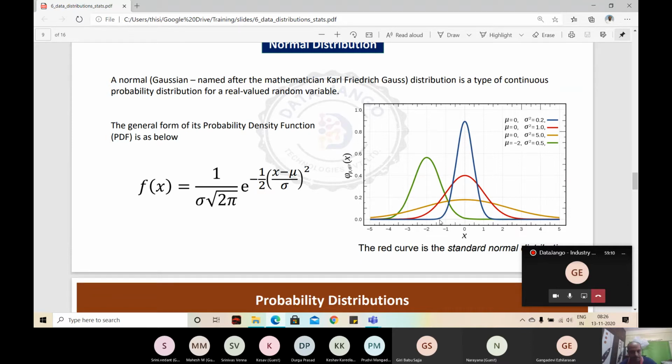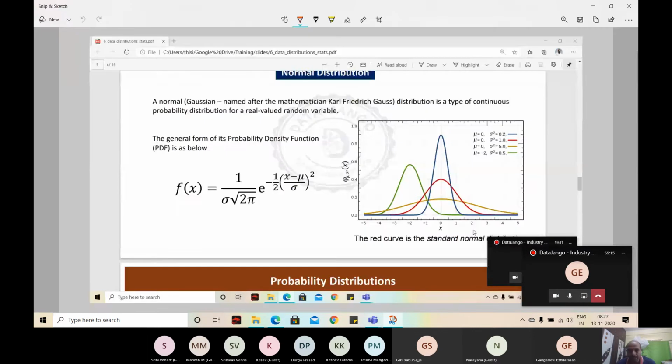Let me take a screenshot and explain. If you see a rainfall experiment, there may not be negatives there. 5 centimeters rain, 1 centimeter rain, 2 centimeters rain, 4 centimeters rain, 3 centimeters rain.